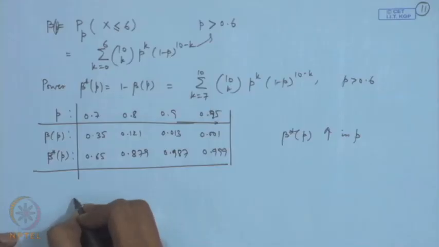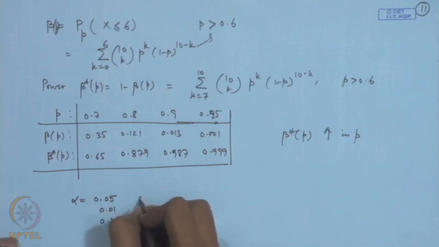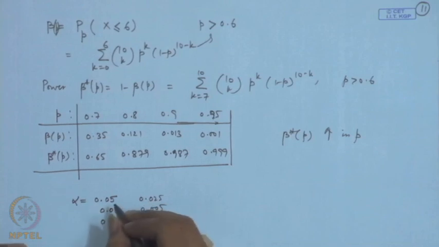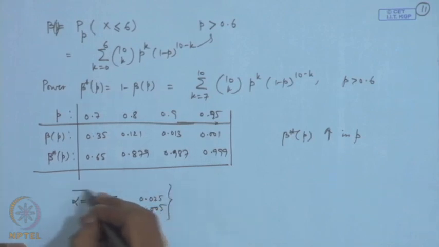In the standard textbooks, and even in the questions that they ask, they will fix the values as 0.05, 0.01, 0.1, 0.025, 0.005 etcetera. These are some of the commonly used values which you can find in the tables of the distributions that are used for testing.